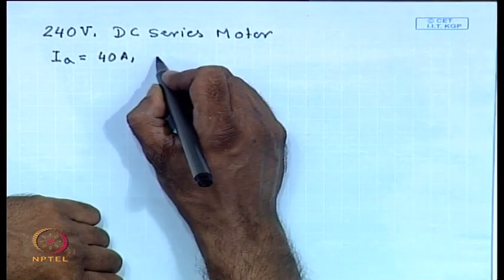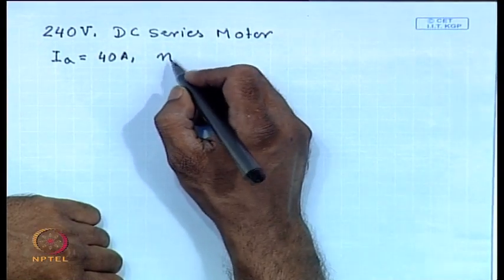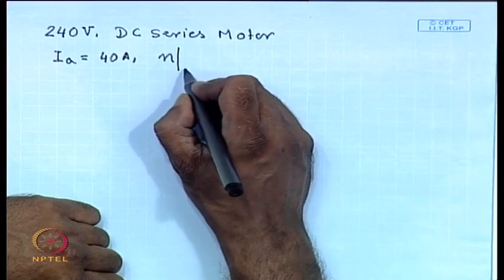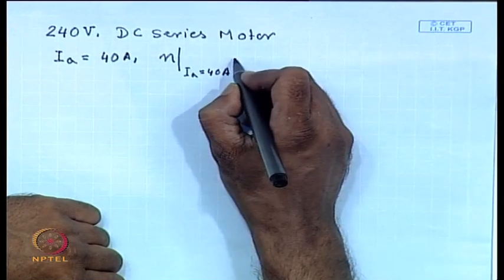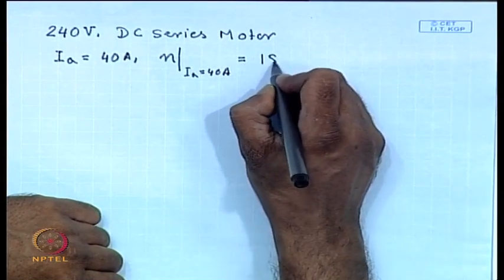The speed at I A equal to 40 amperes comes to 1800 rpm.